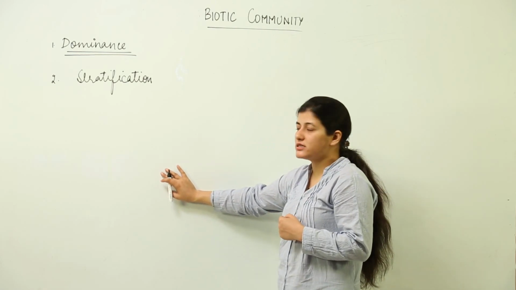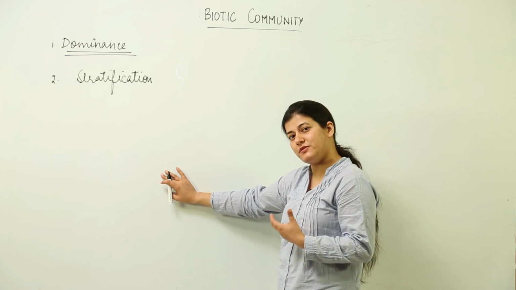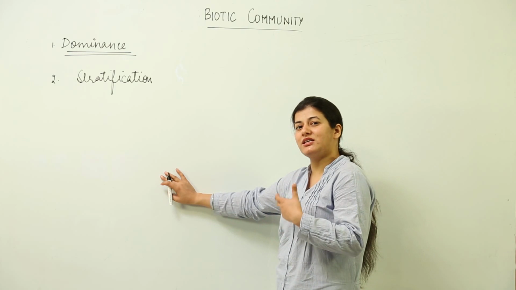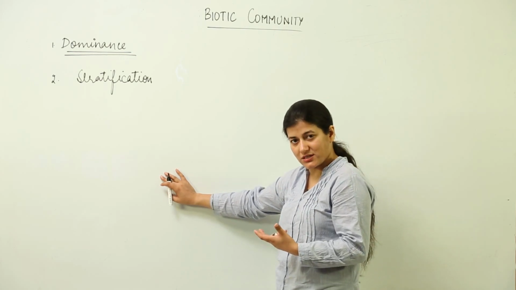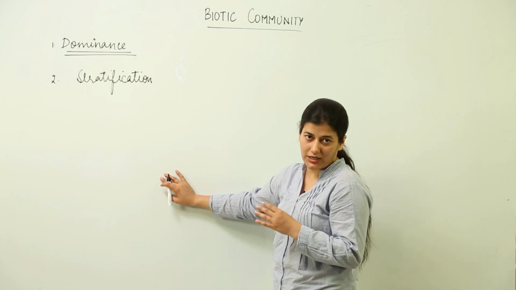Now when I say that a community has a dominant species, it refers to a species which has outmarked itself in a way that it has a greater number of organisms present in it, and they have made other species subordinate to them.